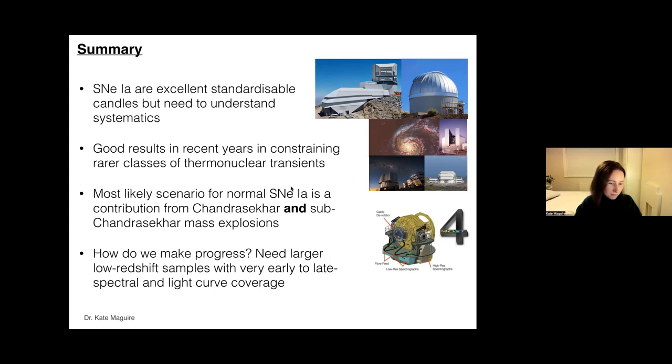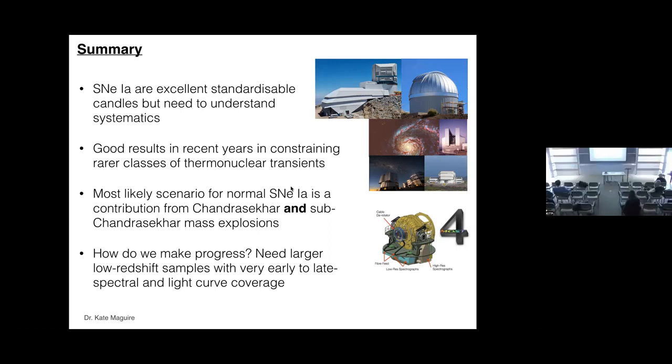Any further questions? Yes, Ivo. Yeah, this is Ivo here. I'm just wondering, from the past comments about bimodality, some years or maybe decades back, Benetti had this paper about low velocity gradient and high velocity gradient. They're both high velocity gradient and low velocity gradient Type Ias are normal, right?